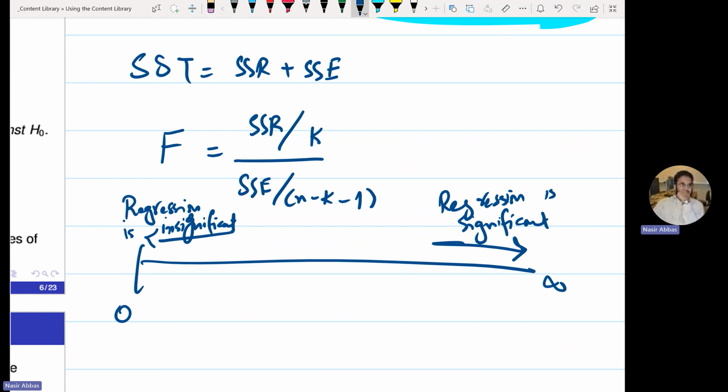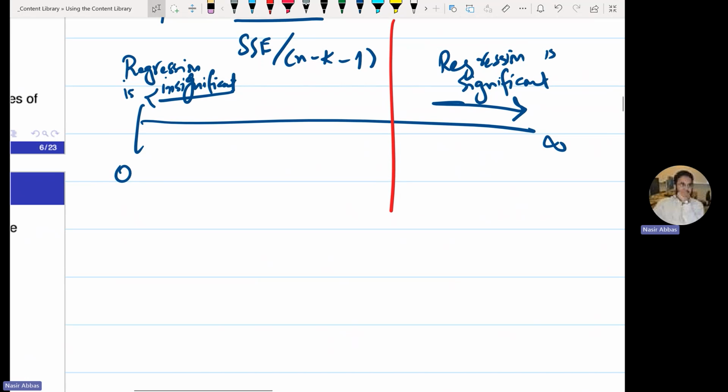What is the cutoff between 0 and infinity? You have to draw a borderline so that on the left side, you say it is insignificant. On the right side, you say it is significant. What is this borderline called? It's a very important line. It's a very critical line. What do we call it? Critical value. We call it critical value.